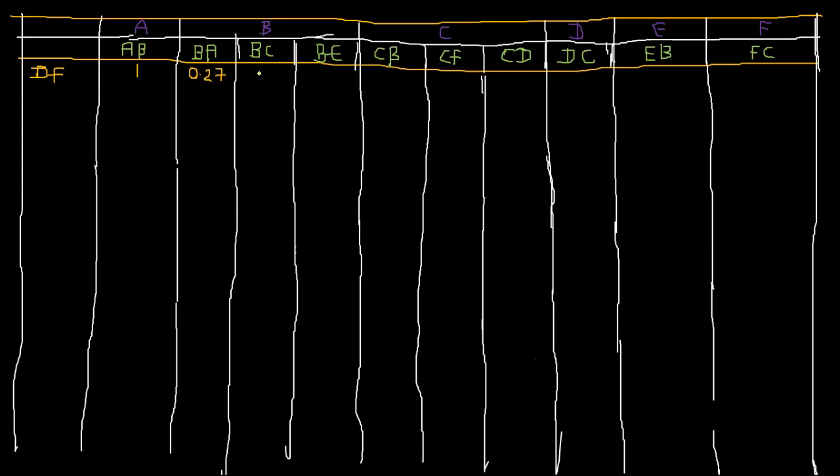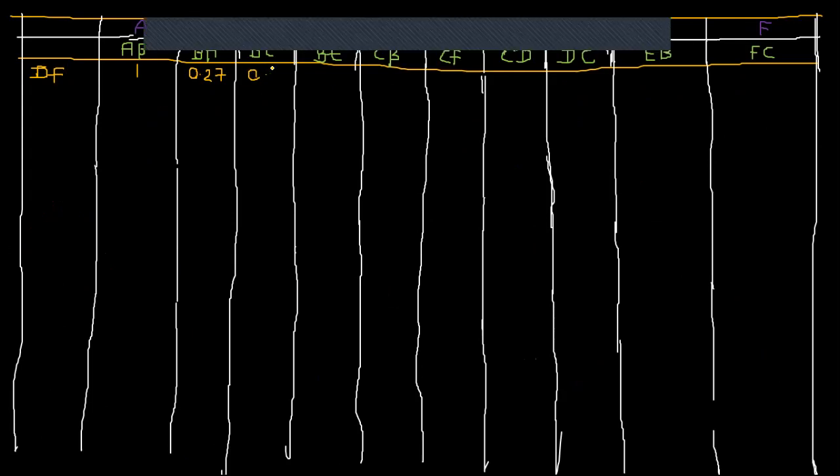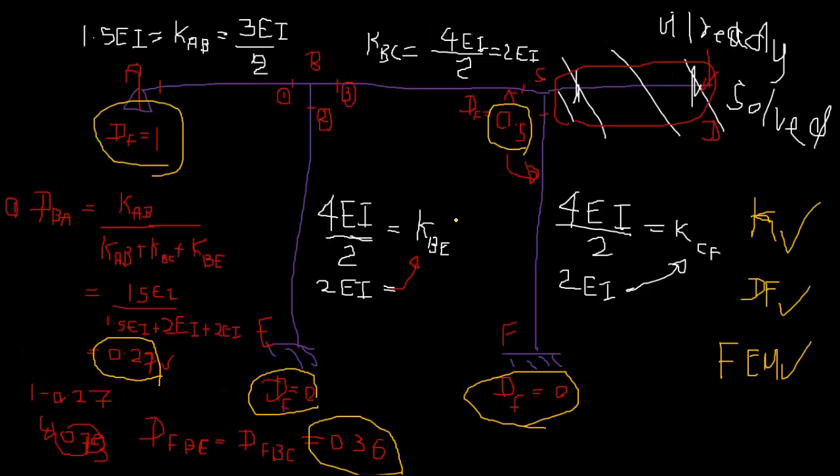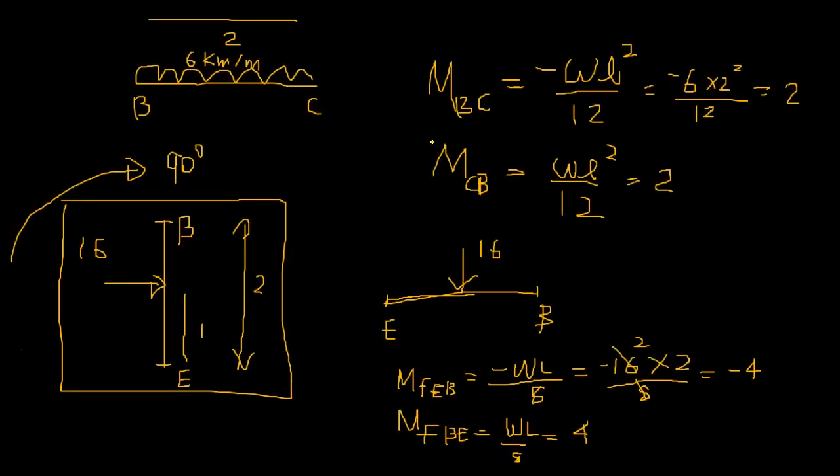BC and BE were equal, right? 0.36. And CB, what's CB? It's 0.5 and CF 0.5.